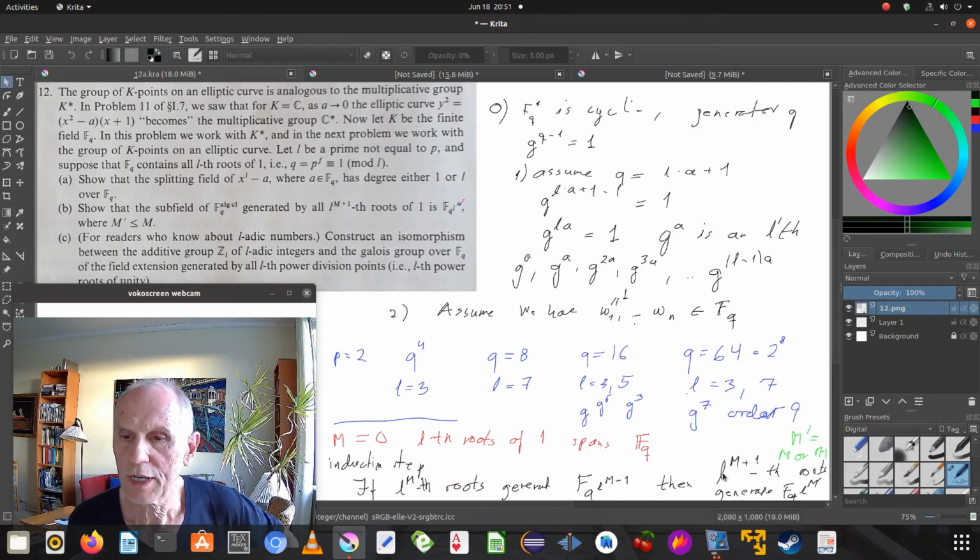That is, if they lie in FQ to some power of L, then it's already defined. Then we don't have any freedom.